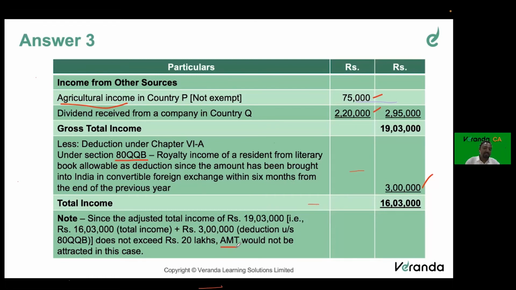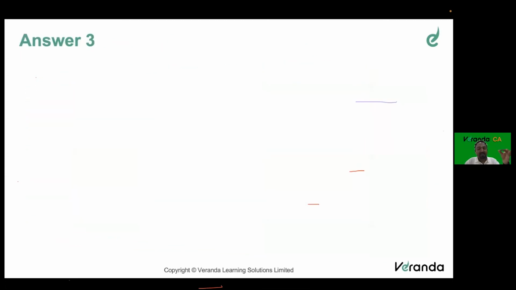What is adjusted total income? It is this income before giving deductions under particular sections of Chapter VI-A. So this is your adjusted total income. Since this is less than 20 lakhs, there is no requirement of calculating it, so we can automatically proceed. 16,03,000 is your total income. So you compute the tax.